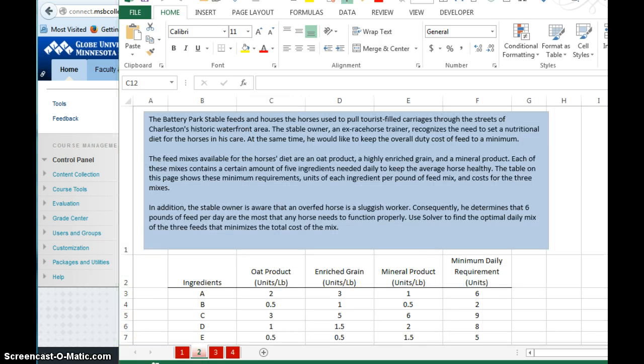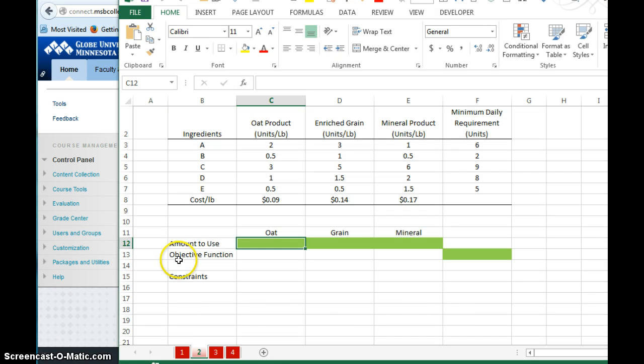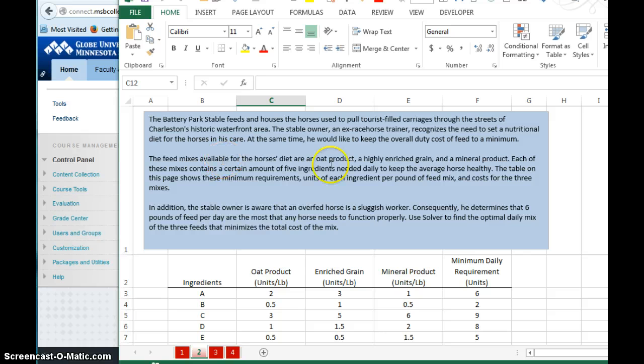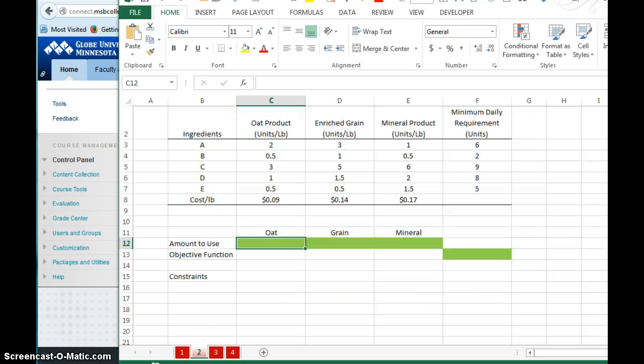Then the next problem, we are working with some grain products, and we are going to determine what is the profit that we can make by creating specific combinations of these ingredients to make a stable feed.